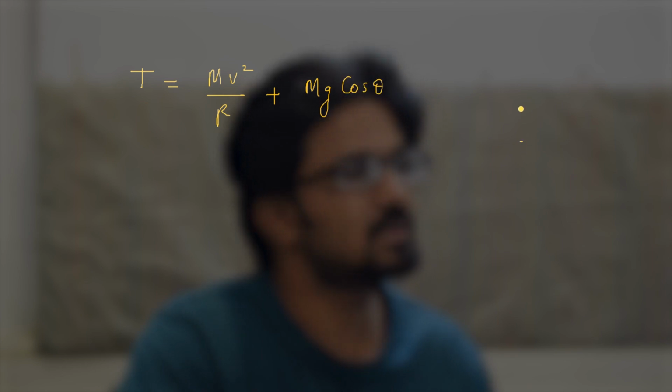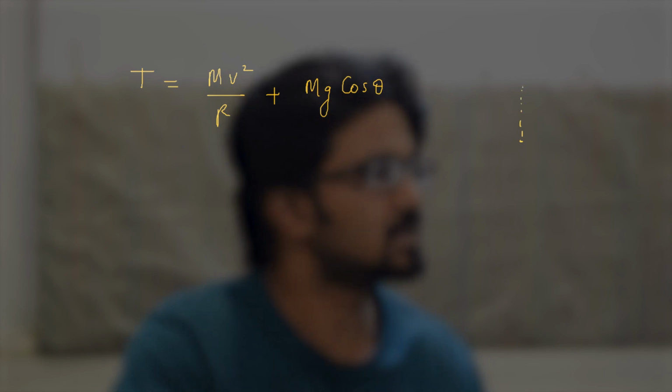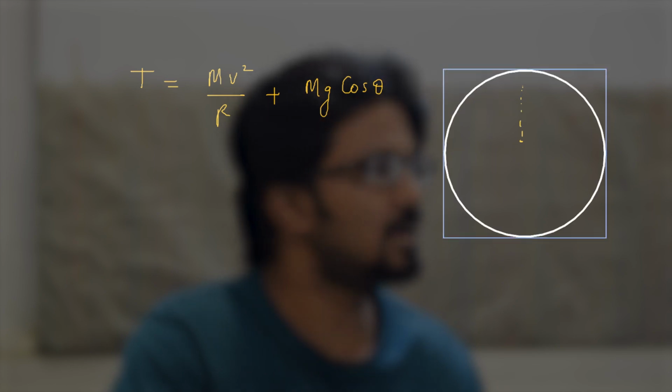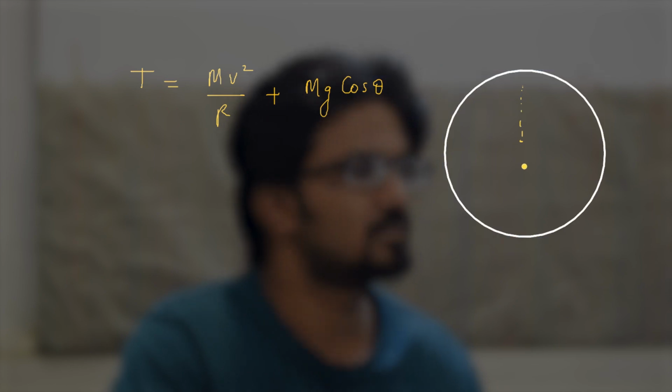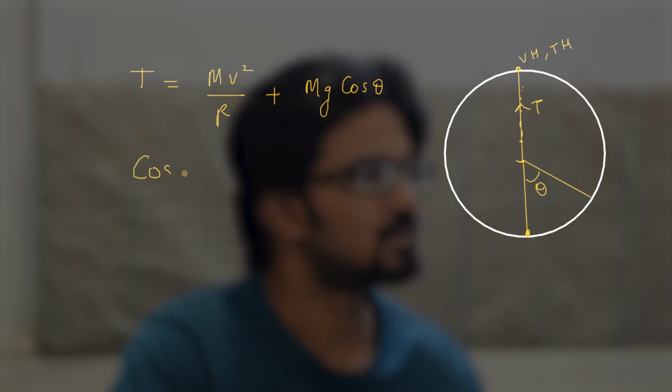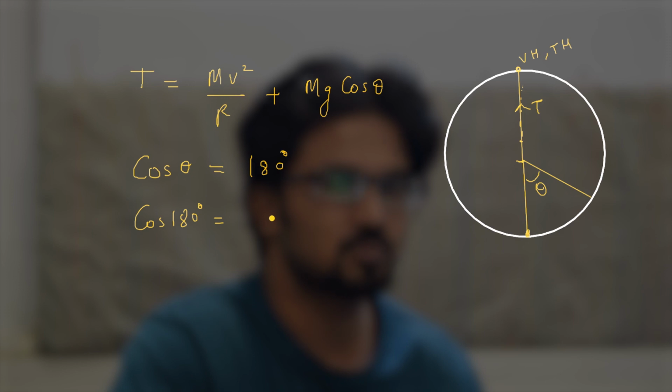When we consider the highest point, what would be the angle at the highest point if you make a circle? The angle it makes at the highest point is theta equal to 180 degrees. So cos of 180 degrees would be minus 1.